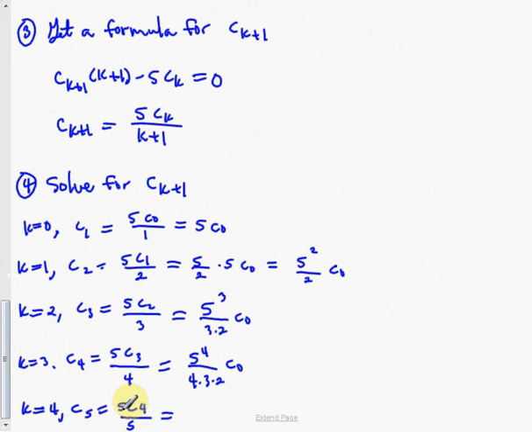I'm going to leave it there just to look at the pattern. This is 5 divided by 5 times c sub 4. So c sub 4 is the 5 to the 4th. So this is 5 to the 5th times c naught all over 5 times 4 times 3 times 2. That's just 5 factorial, right?